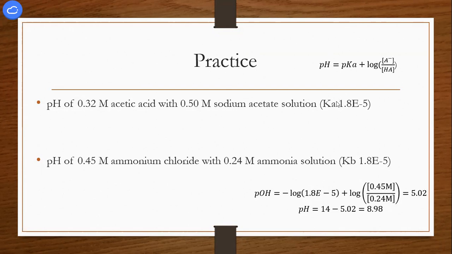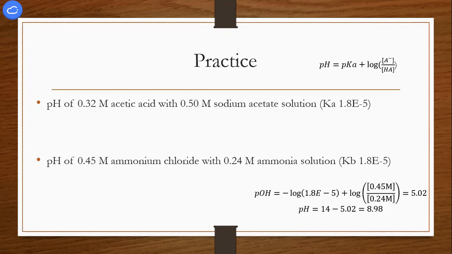So right here, the pKa, the negative log of this, is 4.74. That's going to go right here. Then I'm just going to add on log of 0.5 over 0.32. Because 0.5 is bigger than 0.32, that's going to result in a positive addition to the pKa.